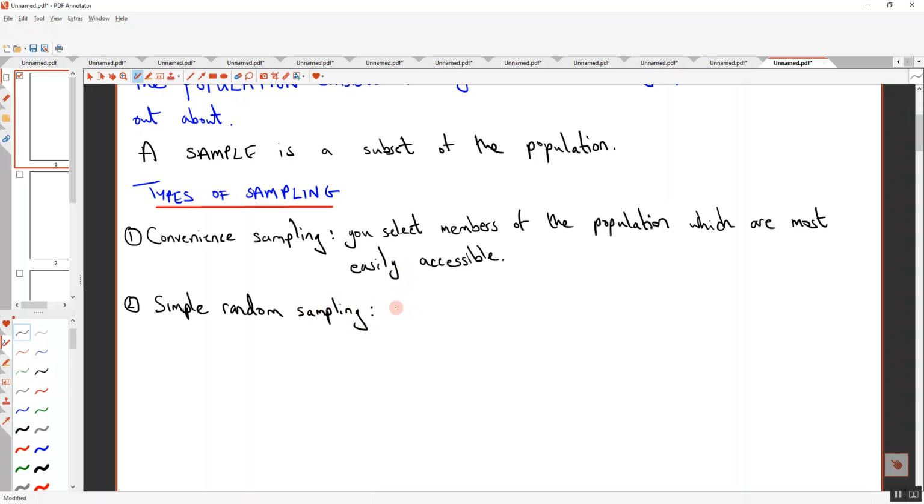So again, this one means each member has an equal chance of being selected.